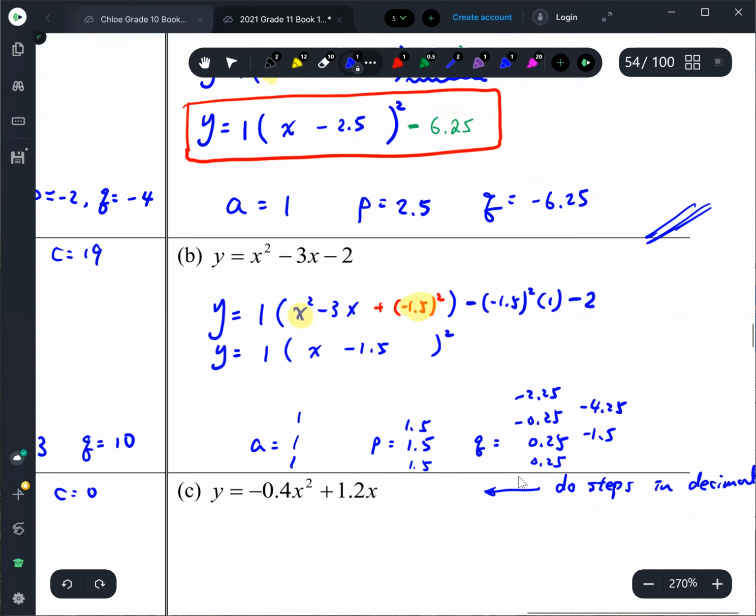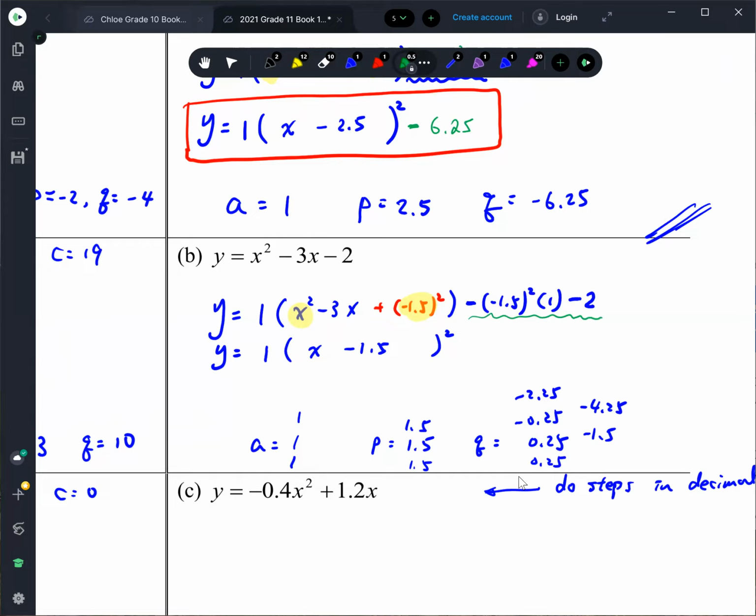Now follow your order of operations to get the green part. What's negative 1.5 squared, Tony? This part, negative 1.5 in bracket squared.